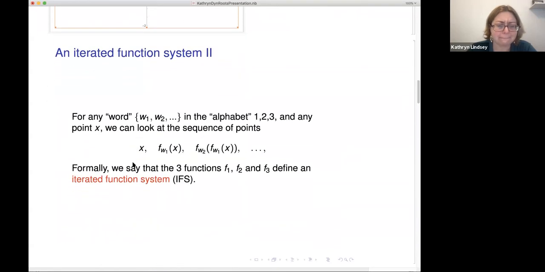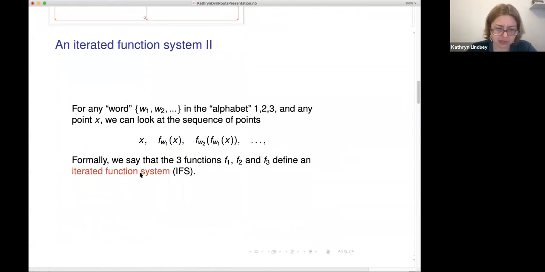Okay. So just formalizing what we've been saying, if we have any quote unquote word in the alphabet 1, 2, 3, what I mean by that is just some sequence of numbers that are 1s, 2s, and 3s, and then any point x, we can express the sequence of points as follows.